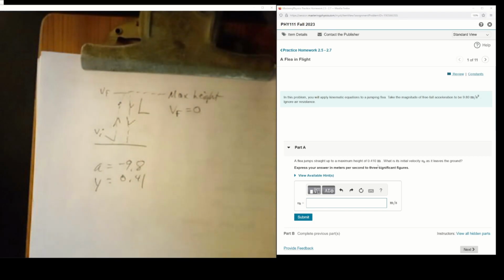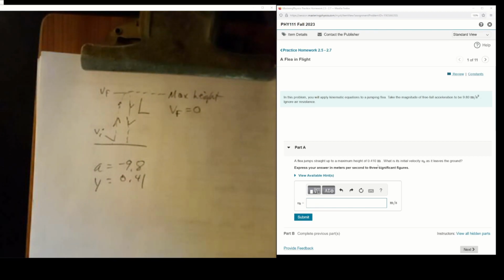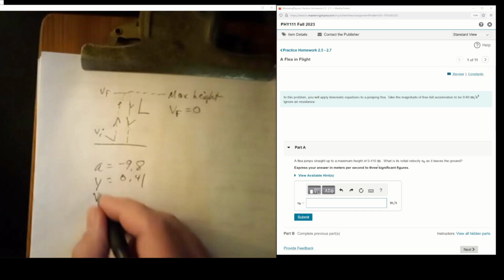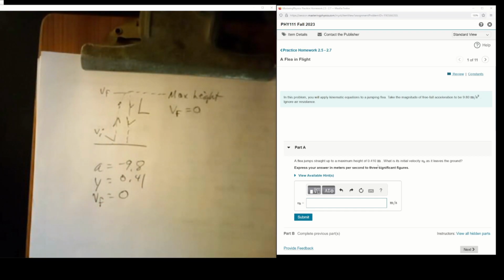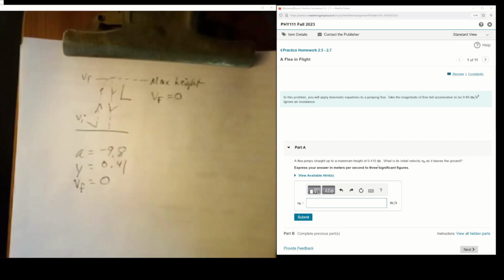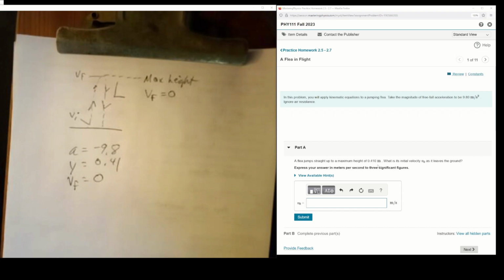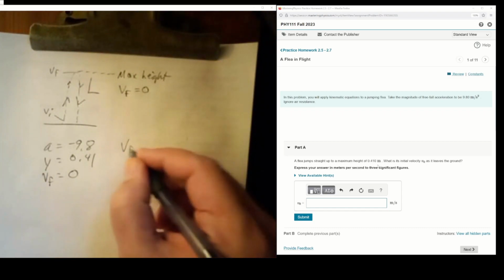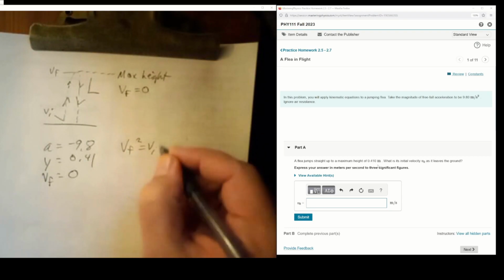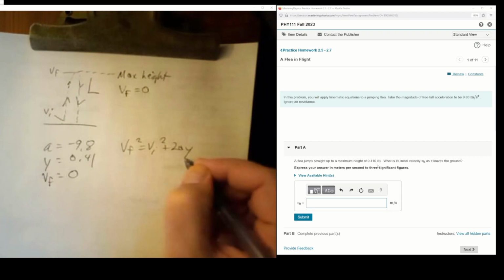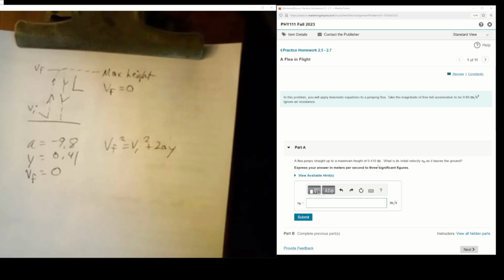They want to know what is its initial velocity. And we also have the final velocity is 0 at maximum height. An equation we can use here to figure out the initial is v final squared. And plug our stuff in.